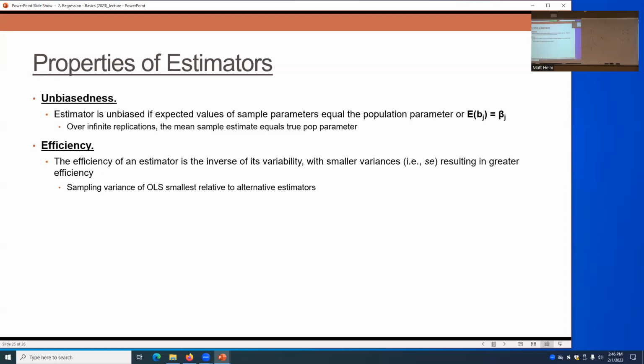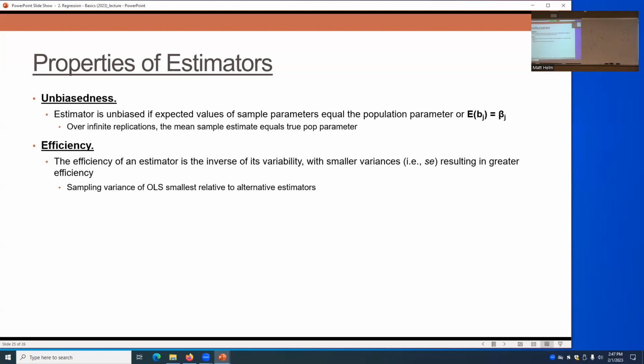But for this sample that I've collected, am I confident that this actual coefficient equals the population parameter? No, probably not. But then I start to think about the efficiency of my estimator. If I have a more efficient estimator, it means that this is going to jump around a whole lot less, which means I'm more confident that this is a better estimator than something that's also unbiased, but has more variability in how it calculates things.